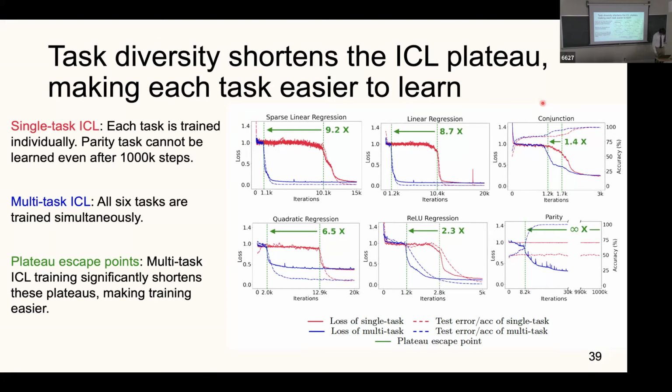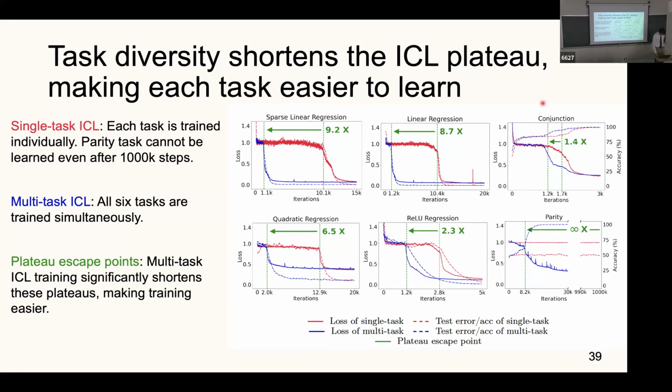In the paper we do a lot of experiments to show that this is a very robust phenomenon. So the phenomenon is there. Then why is task diversity helpful? Why does training on many tasks make the training easier? One thing that we did find, which is not a complete answer, but it's kind of a cute thing, is that we know what this plateau is.